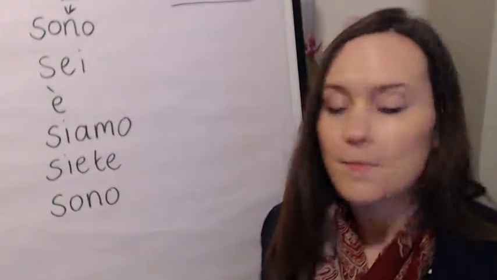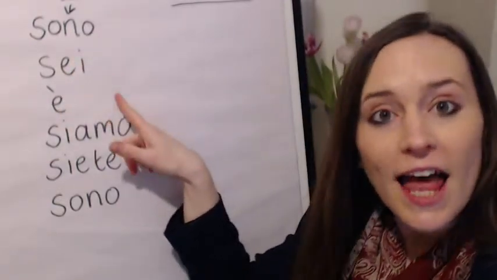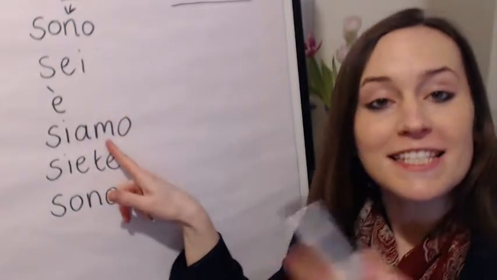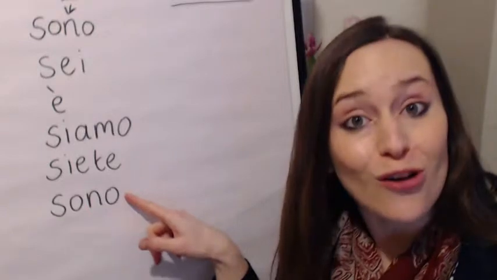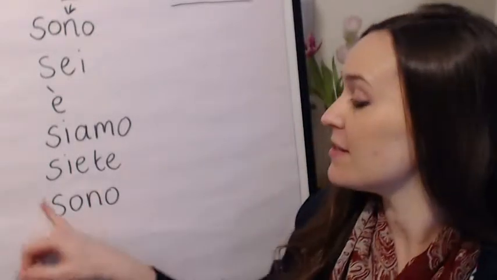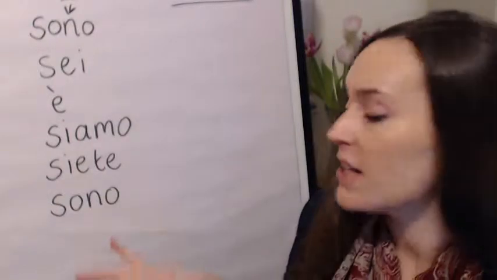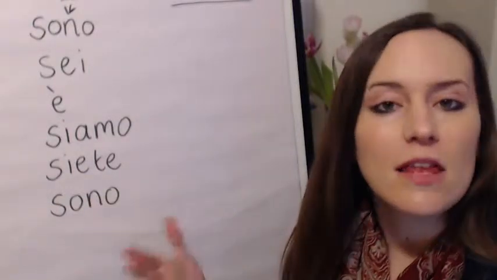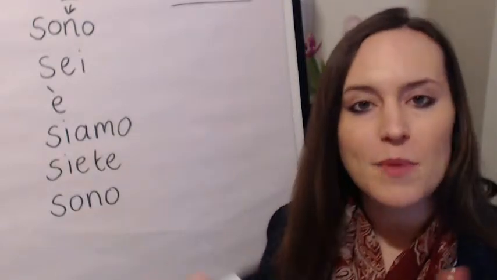So, io sono, tu sei, lui lei è, noi siamo, voi siete, loro sono, they are. So that's the last example we just saw. They are plus the past participle arrivati. Sono arrivati, they arrived.